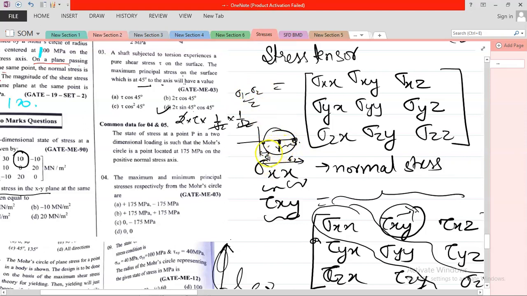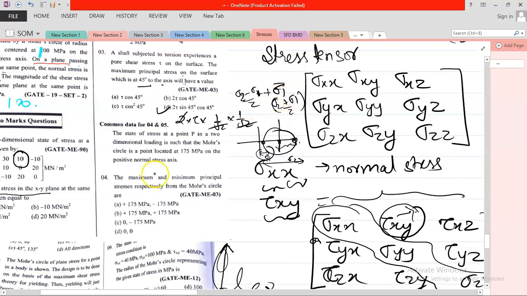Okay, and if you want to find out the location of the center, you just add in between sigma 1 and sigma 2. Your value is sigma 2 plus sigma 1 by 2.